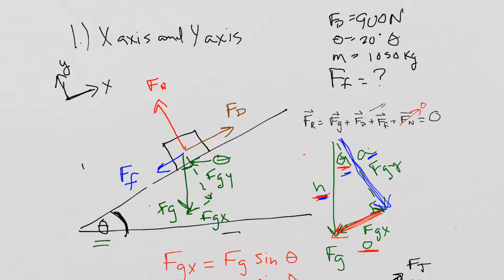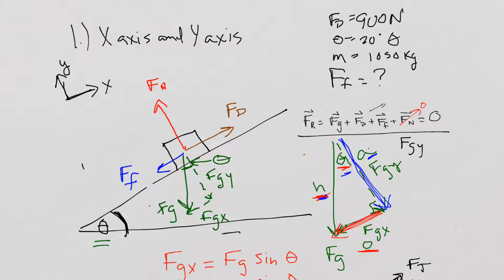All right? So if we look at this problem, we already know, looking at the sum of all of the forces here, that we're not going to use any of the forces in the y. So that actually cancels out our Fn and our Fgy.